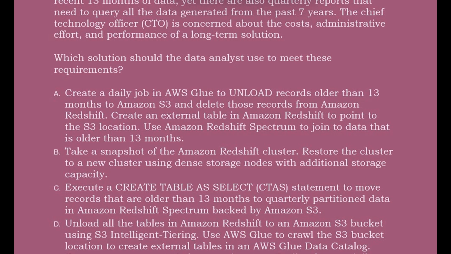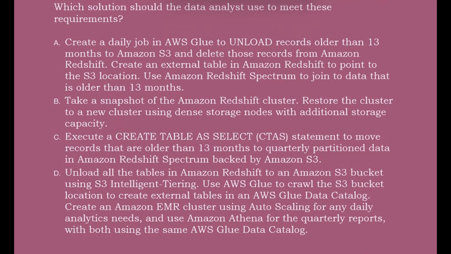Option C. Execute a CREATE TABLE AS SELECT (CTAS) statement to move records that are older than 13 months to quarterly partitioned data in Amazon Redshift Spectrum backed by Amazon S3. Option D. Unload all the tables in Amazon Redshift to an Amazon S3 bucket using S3 Intelligent-Tiering.